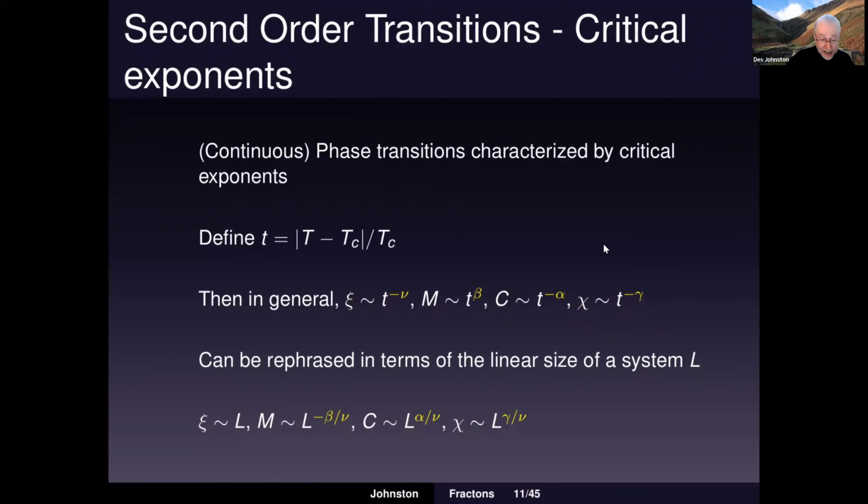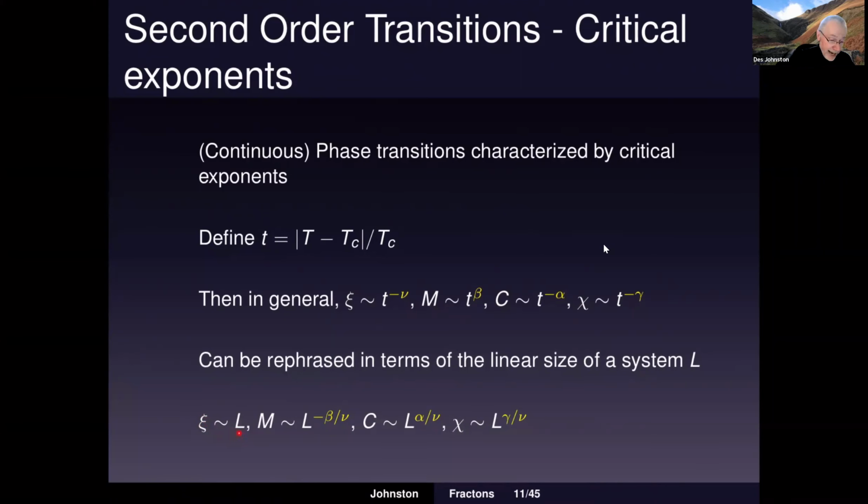So the idea is, if you've got some system that's of finite size, which you will if you're doing a simulation on a computer, you can't have an infinite size system, the biggest correlation length that you can get is going to be roughly the linear size of the system.